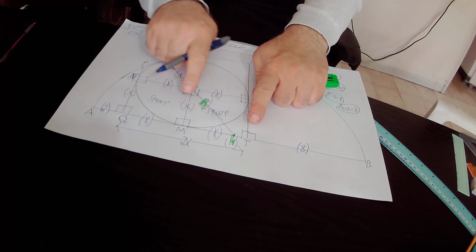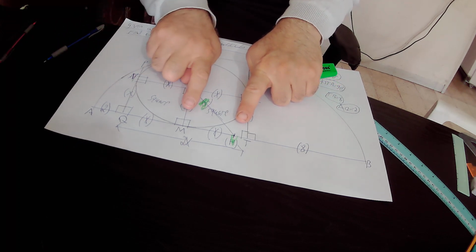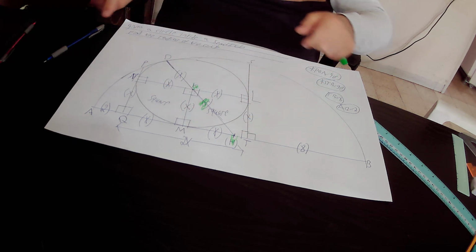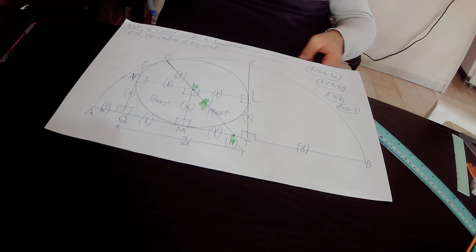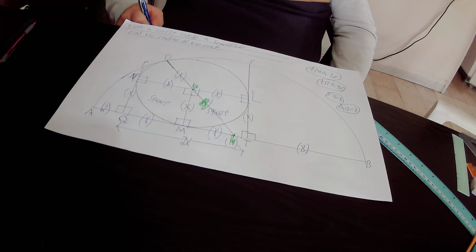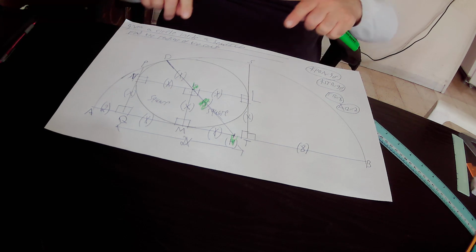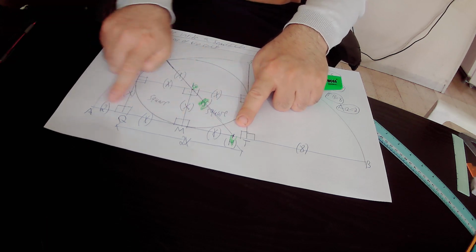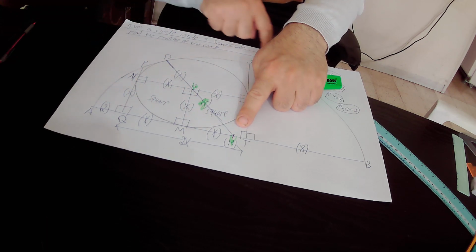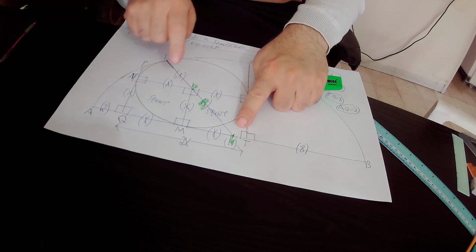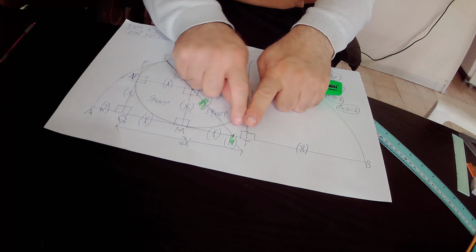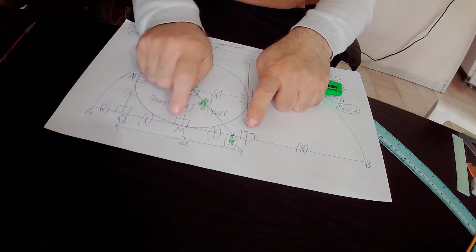What is the length of the missing side MH? From the drawing, it is very easy to see that MH equals AH, the radius of the big semicircle, minus AQ minus QM.